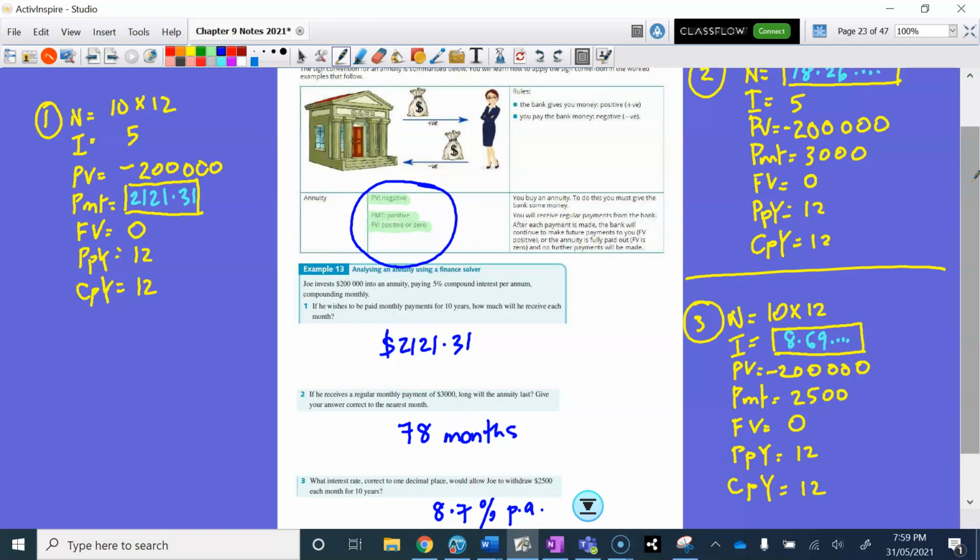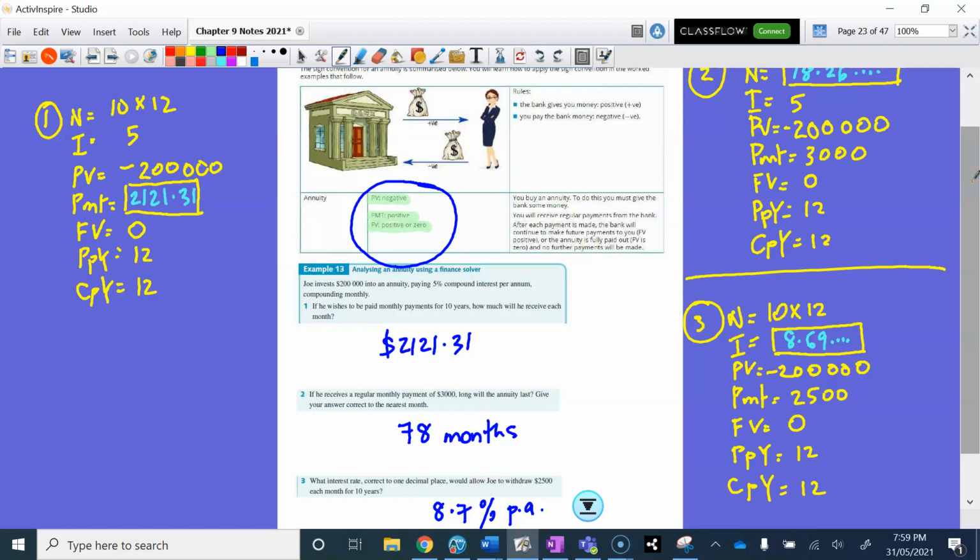So that gives us a bit of information for our solver. He wishes to be paid monthly payments for 10 years. How much will he receive each month? So we need to have our payment window empty to figure out how much is going to be paid. Obviously 10 years of monthly payments is going to be 10 times 12 in the N window.